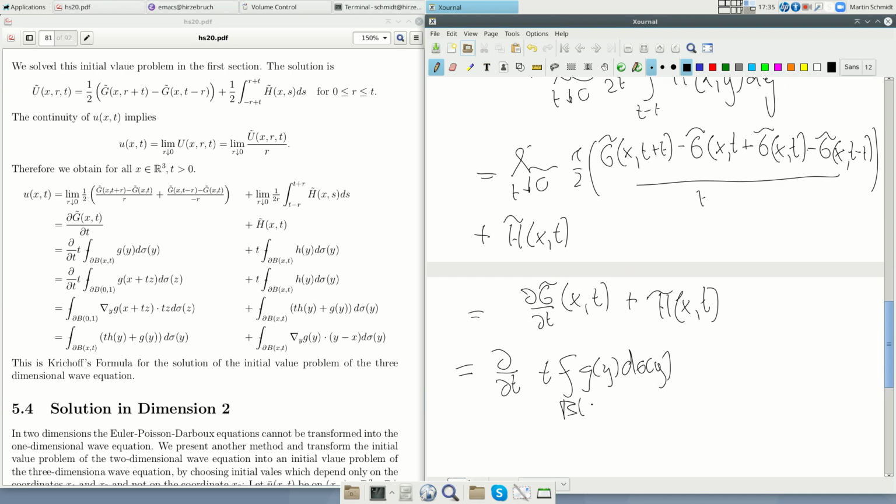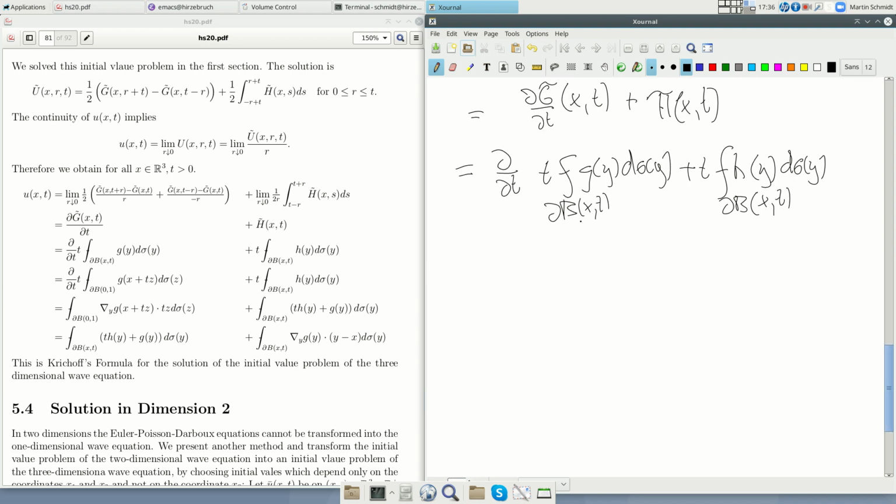For the radius we now insert t, and plus the integral over t times the mean value; the t we can put outside. So plus t times the mean value of h of y d sigma of y over the boundary. Sorry, this has to be the boundary. Now let's calculate this derivative.